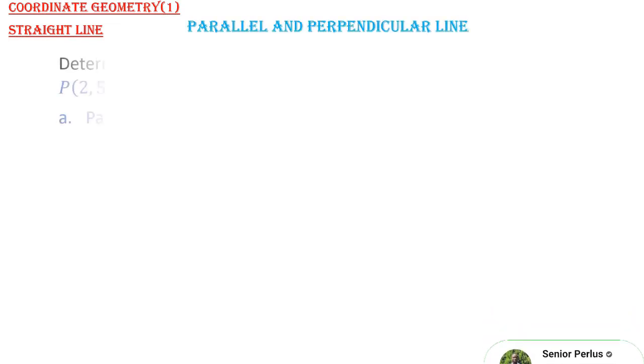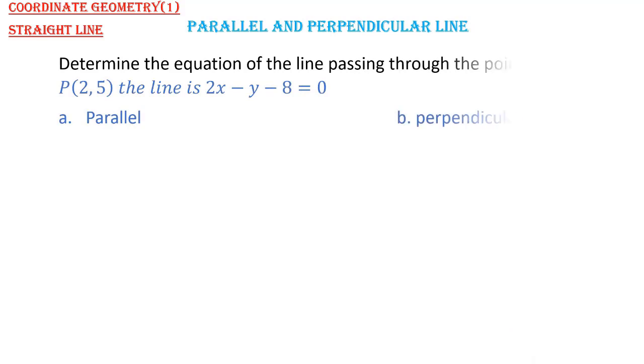Determine the equation of a line passing through the point P(2, 5), and the line is 2x minus y minus 8 equals 0. A, parallel. Solution. And our line here is 2x minus y minus 8 equals 0.